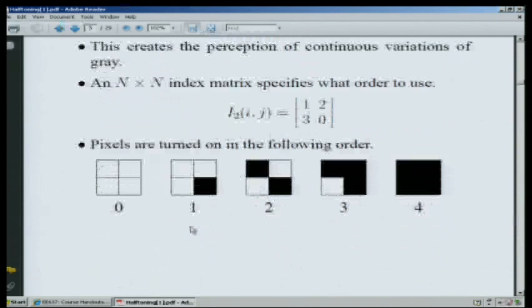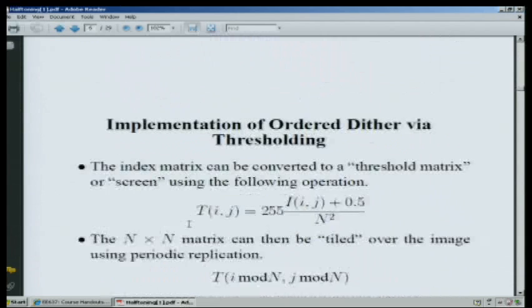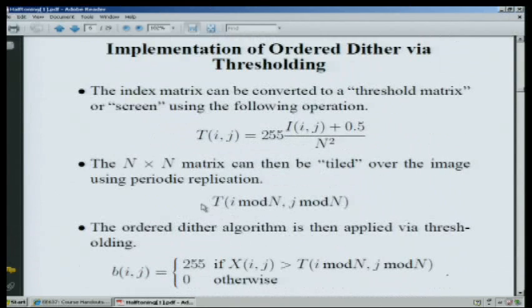I'm going to form a threshold matrix by taking this pixel ordering. I add 0.5, divide by the square root of n squared, and multiply by 255, and I get a threshold matrix, right?